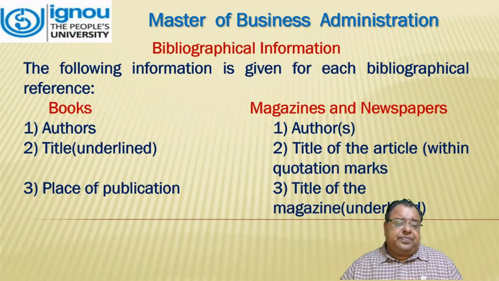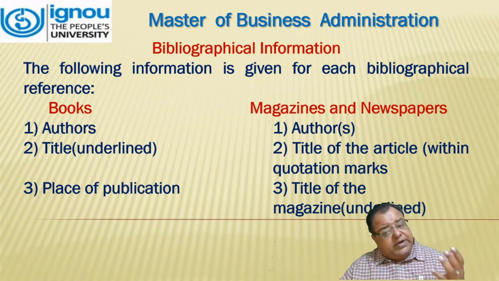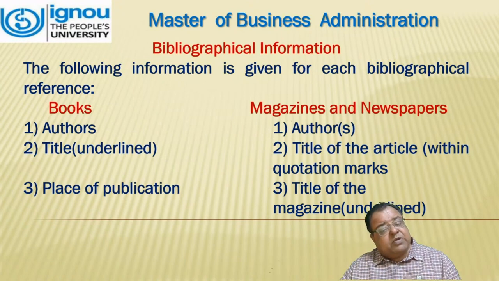Bibliographical information. If we talk about the information we need, for books: the author, title, place of publication, publisher, date of publication, number of pages. In the case of magazines and newspapers: the author, and the title of the article, which has to be placed in quotation marks.